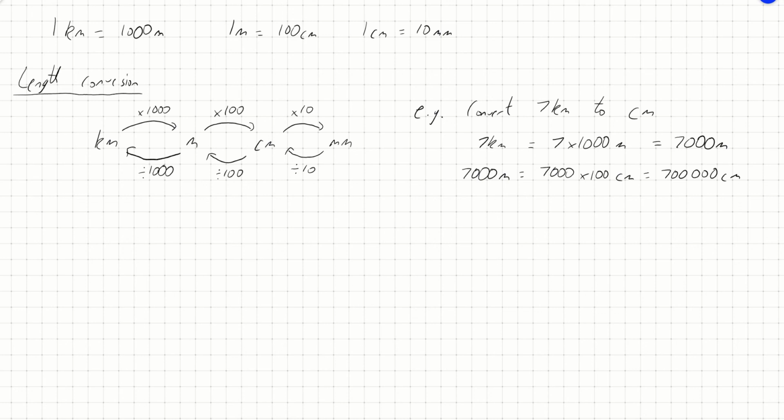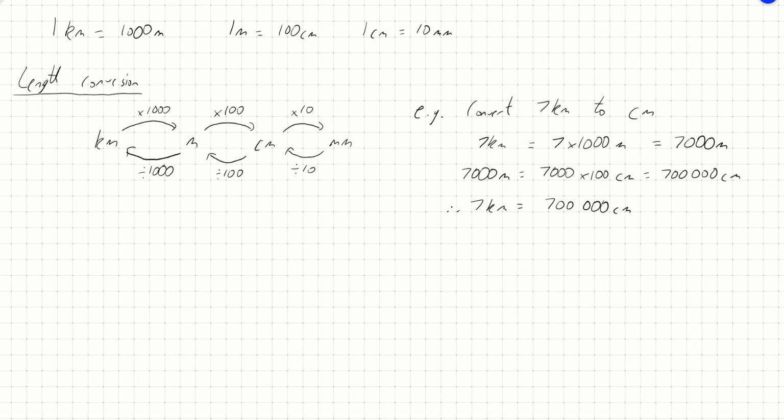Kilometers to centimeters is multiplied by 100,000, but I find it easier to just do it stepwise, because you only need to remember kilometers to meters times 1,000, meters to centimeters times 100. So just do it in 2 steps. Therefore, our final answer: 7 kilometers is equal to 700,000 centimeters.